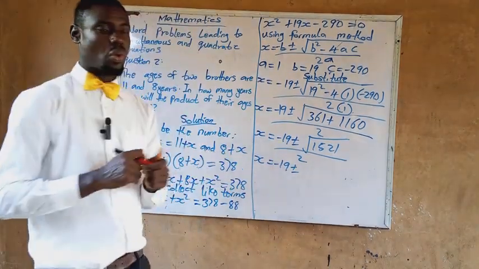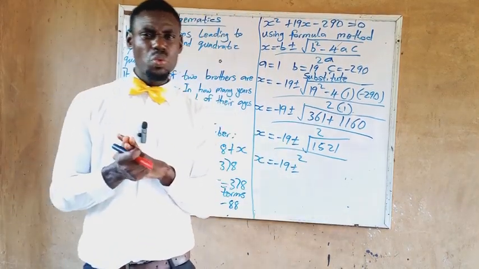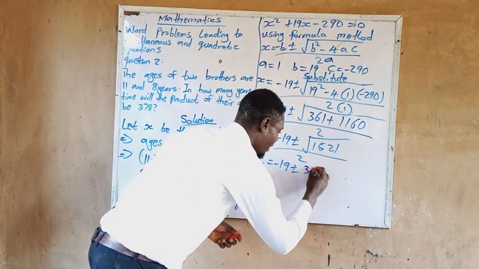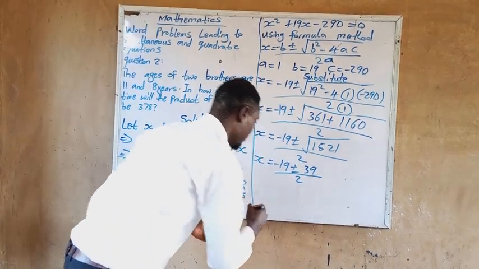Let's check the square root of 1521: it gives us 39, all divided by 2.